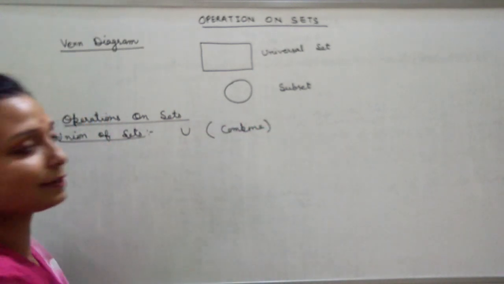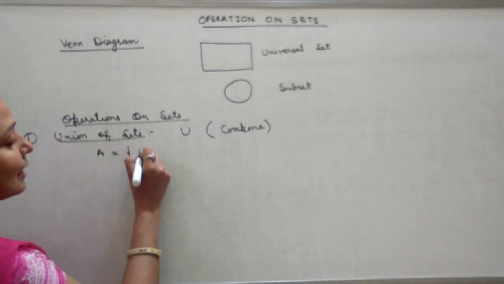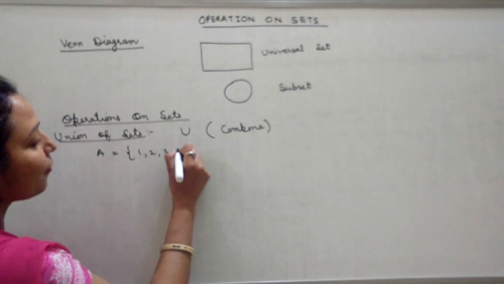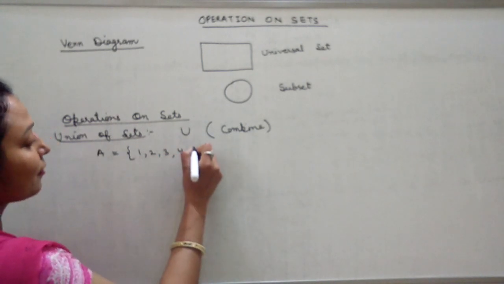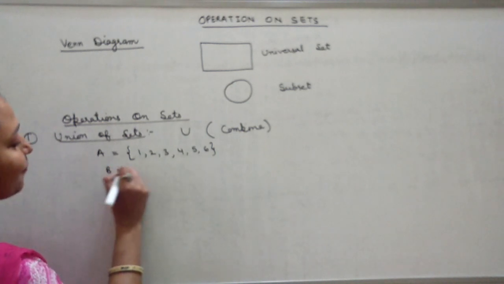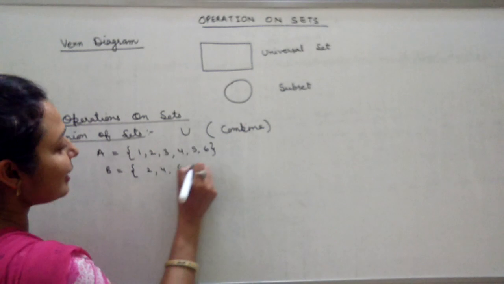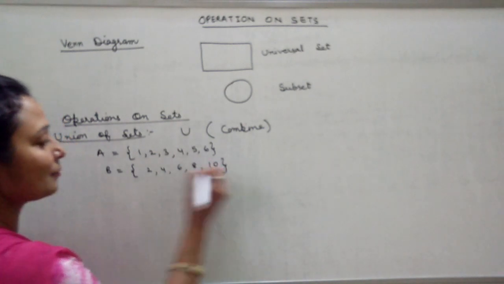For example, we have set A as 1, 2, 3, 4, 5, 6, and set B as 2, 4, 6, 8 and 10.